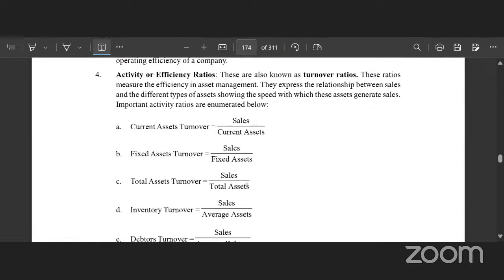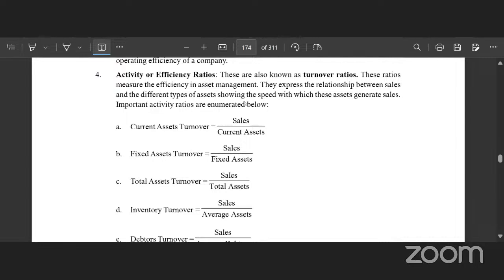Now, current assets turnover. These turnover ratios measure the efficiency in asset management. They express the relationship between sales and the different types of assets, showing the speed with which these assets generate sales.